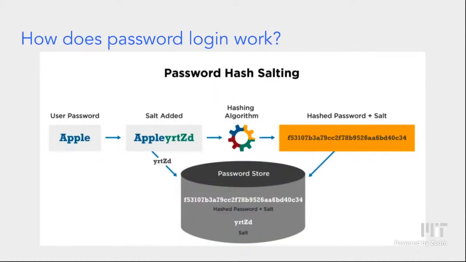So instead, what we'll do is use this thing called password hash salting. Let's say my password is Apple. Instead of storing Apple in the backend, they're first going to add this salt, which is a random string. Then they're going to use a hashing algorithm. The mathematics is a little bit beyond the scope of this class, so we're not going to talk about it. But basically, it takes an input string and outputs a really long string.